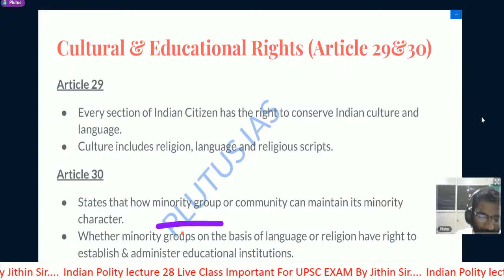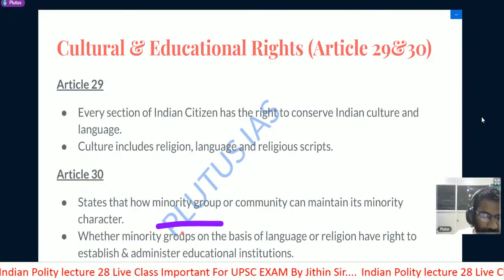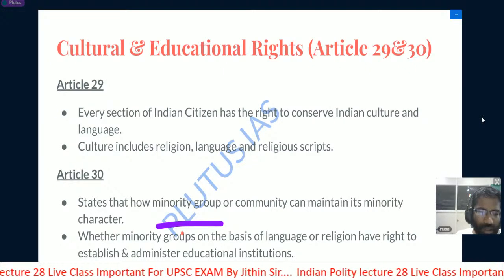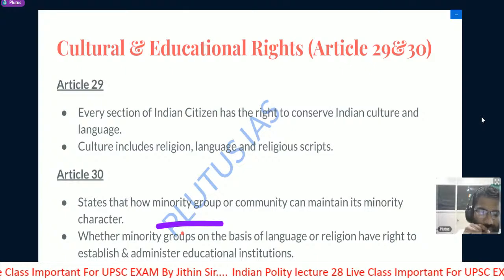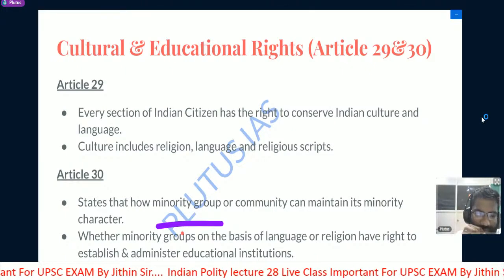Can maintain its minority character. Right, point number one.